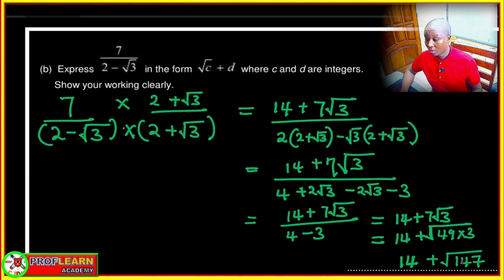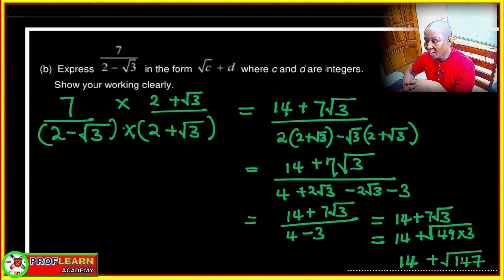That's what you are supposed to do in order to get all your marks for that, because you are told to leave your answer in the form root c plus d. But now you see 7 was outside the root. So for us to bring it in, we are going to say it's the same as 3 times 7 squared, which is 49. 3 times 49. Because if you have root of 49 times 3, you can find the square root of 49 so that you take 7 out.